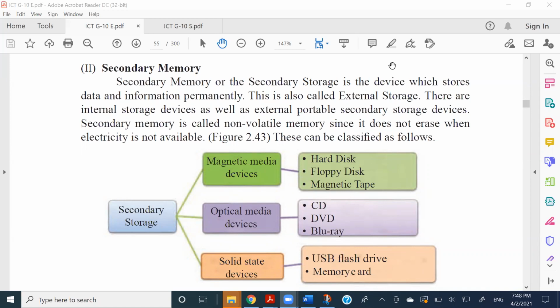Okay, so before we move to the video, shall we write down this particular thing? So put the heading secondary memory, right? And it's better you put a square bracket and say non-volatile memories.